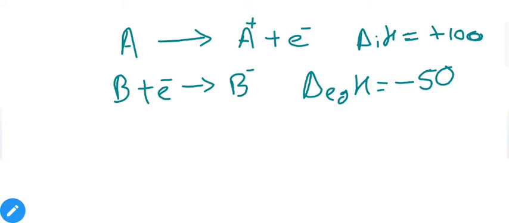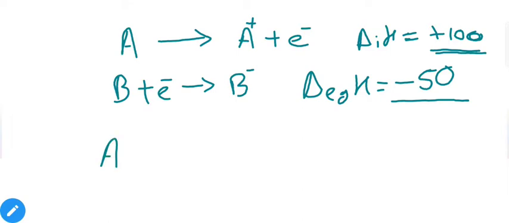We have a reaction in which A forms a positive ion, and the enthalpy value is plus 100, that means this reaction requires 100 units of energy. The second reaction is an electron gain reaction, and the enthalpy of this reaction is minus 50, that means this reaction releases 50 kilojoules of energy.